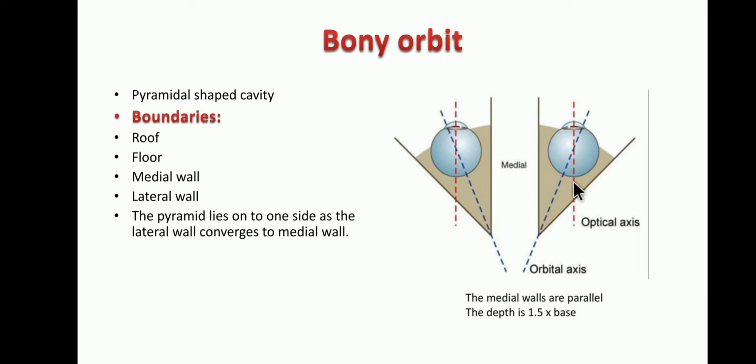So the optical axis lies parallel to the orbital axis. That is about the basic features of the orbital cavity.